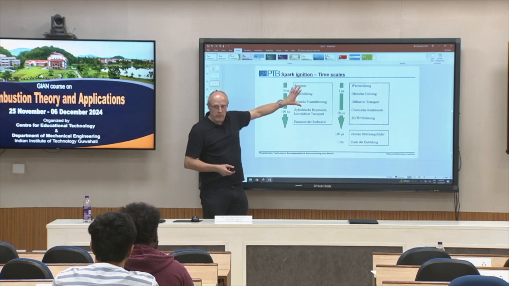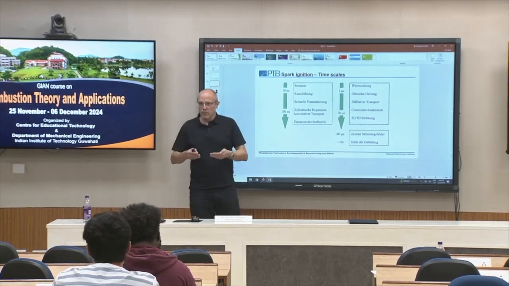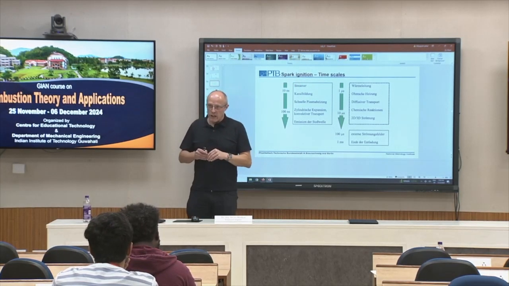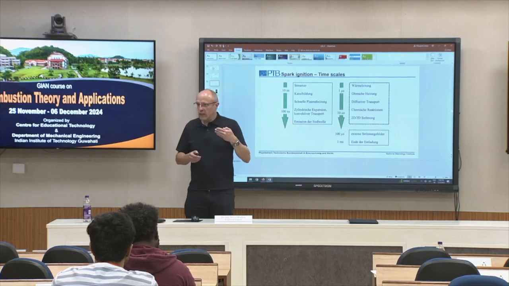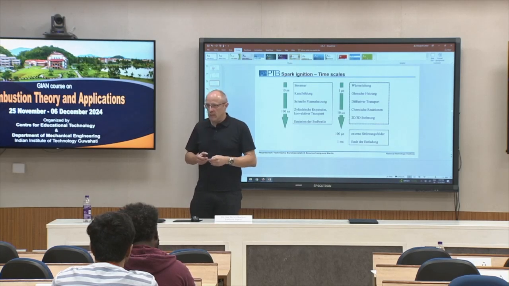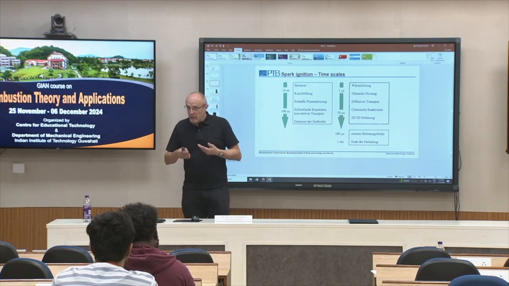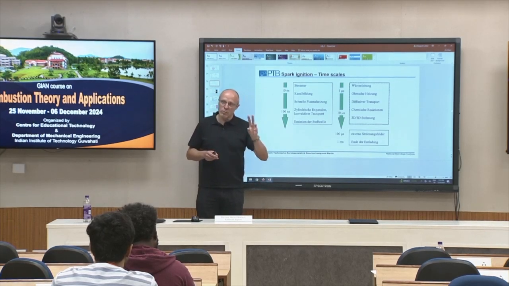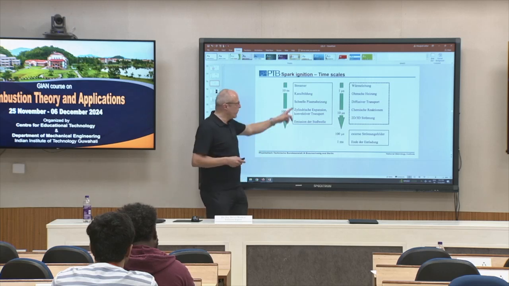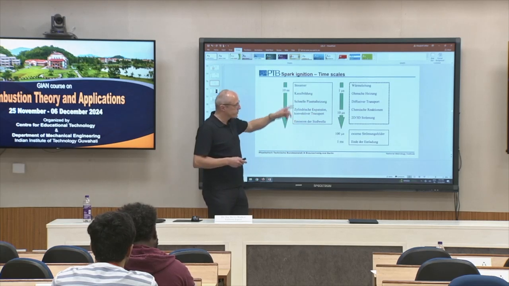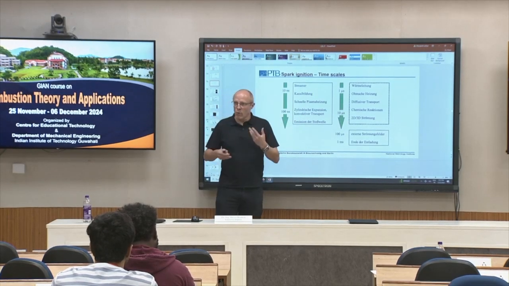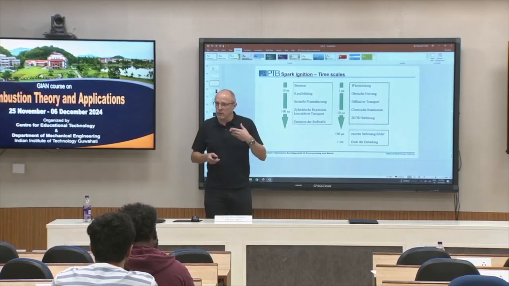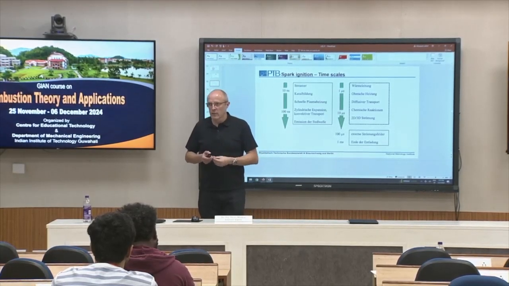If you want to focus on the chemical ignition processes, it's sufficient to just deposit energy into the system, because the Arrhenius equation dominates everything. So the temperature is the most important quantity, and all these other effects can more or less be neglected if you look at a classical spark.